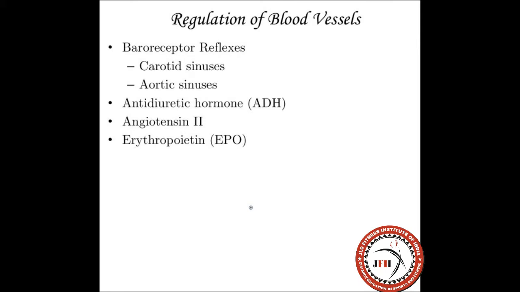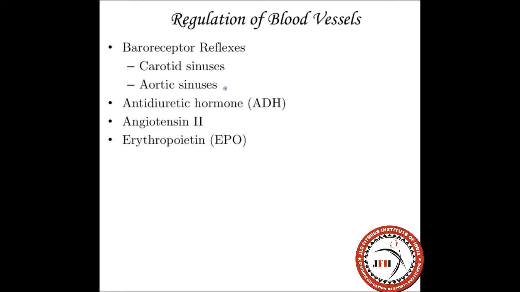Regulation of blood vessels in terms of peripheral resistance, how much they're constricted or relaxed. You're able to notice, without even thinking about it, through baroreceptor reflexes. In the carotid sinuses and aortic sinuses, in the physical blood vessel of the carotid arteries going up into your head and the aorta taking blood out of the heart, you have the ability to notice the amount of pressure going through those particular arteries.